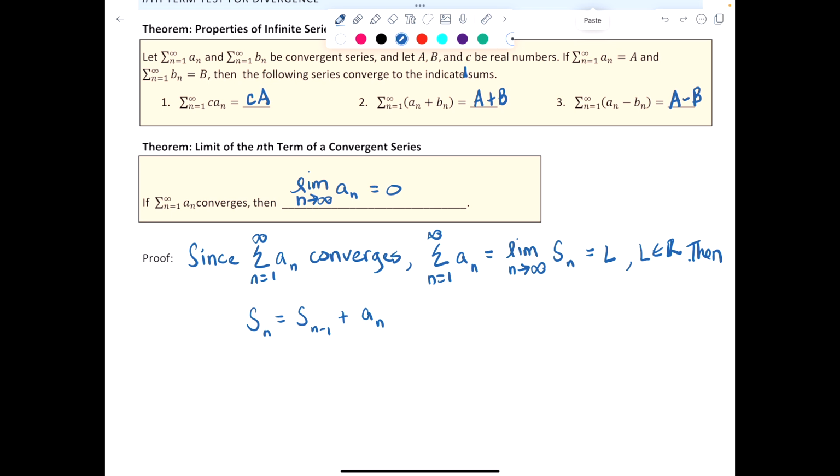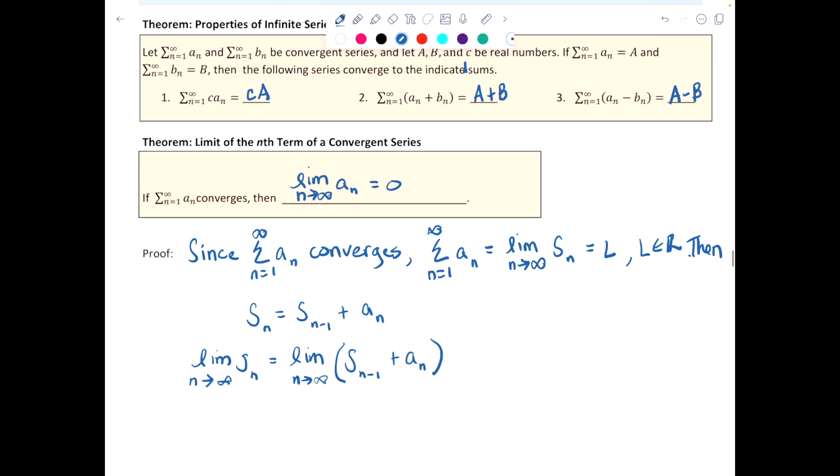Cool. So now let's find the limit of each side, because what we want to show is a limit, right? The limit as n approaches infinity of S sub n would be equal to the limit as n approaches infinity of S sub n minus 1, the n minus first partial sum, and then plus a sub n, the nth term of the sequence inside the series.